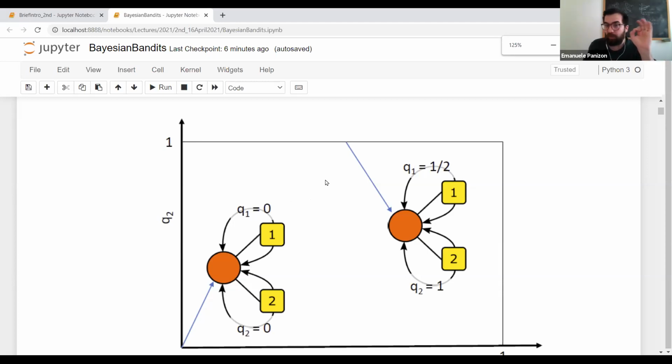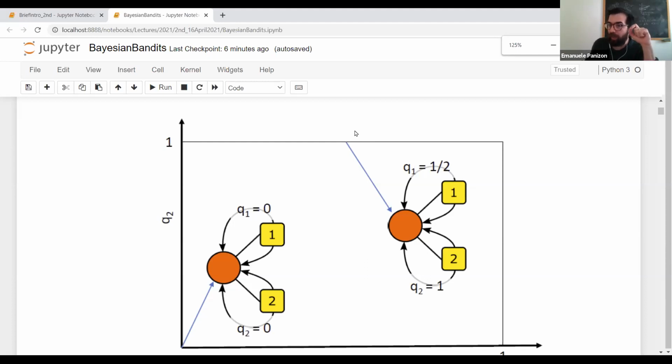Each point in this space corresponds to one precise realization of the two-armed bandit. For example, this point here is the one in which I've been dealt two coins, both very fake, and they only give fails whatever I do. So 100% probability of failing for both of them. This here is one where Q2 is equal to 1, so the second coin always gives me a success, but the first coin has a probability of 0.5, which means 50% of the time fail and 50% success.